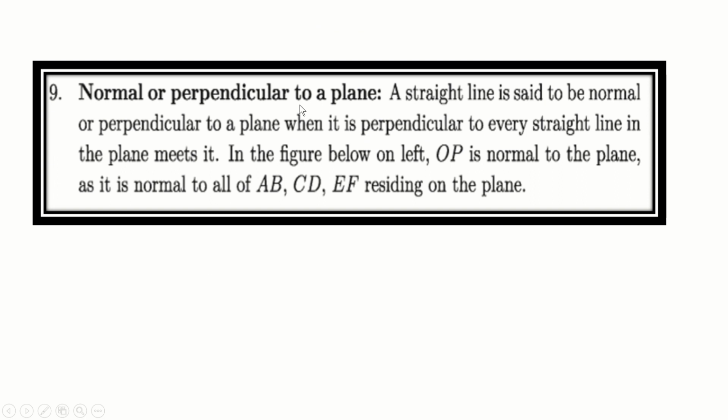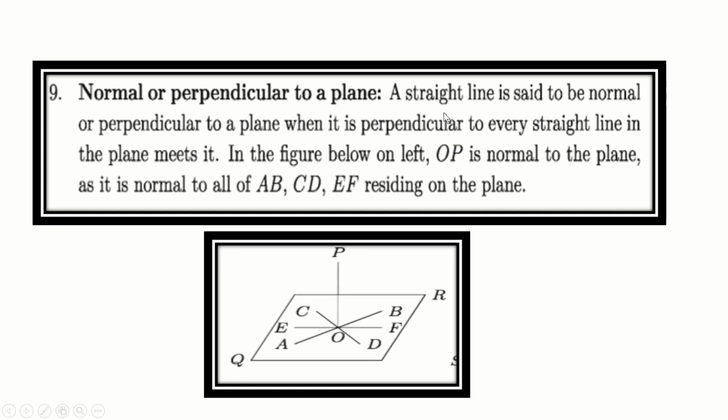Normal or perpendicular to a plane. Follow the figure. A straight line is said to be normal or perpendicular to a plane when it is perpendicular to every straight line in the plane that meets it. In the figure below, that means this figure, OP is normal to the plane.